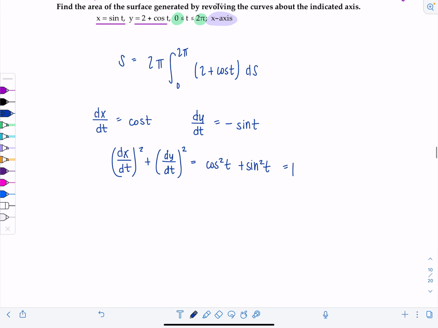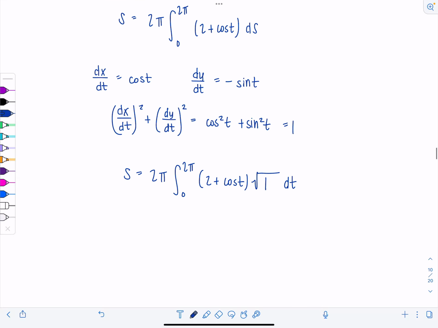So surface area is going to be 2 pi times the integral from 0 to 2 pi of (2 plus cosine t) times the square root of 1 dt. Nice, huh? Leave the 2 pi out. The antiderivative of 2 is 2t, and the antiderivative of cosine t is sine t, very good.